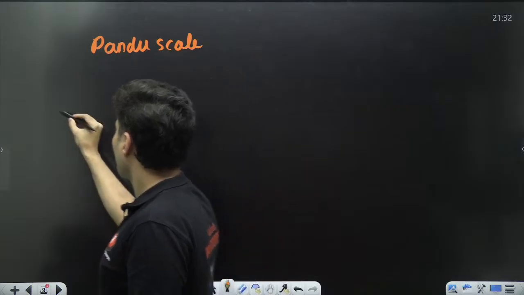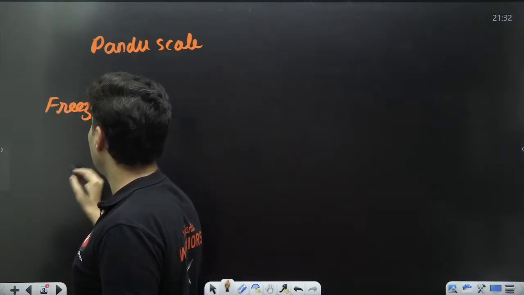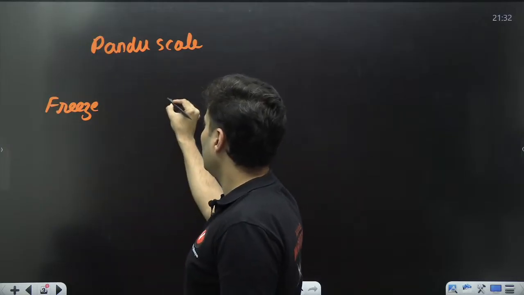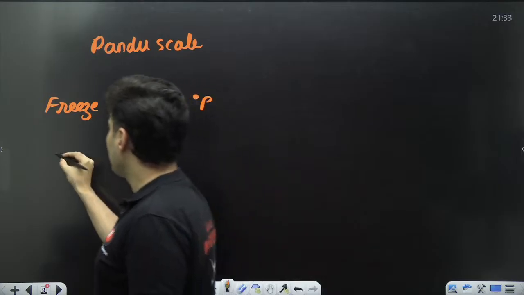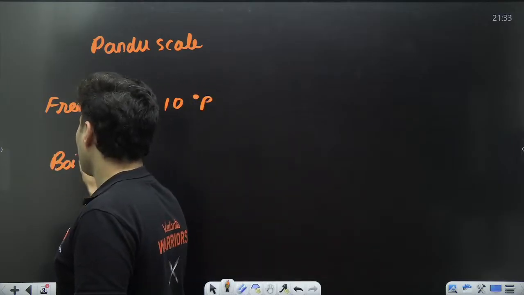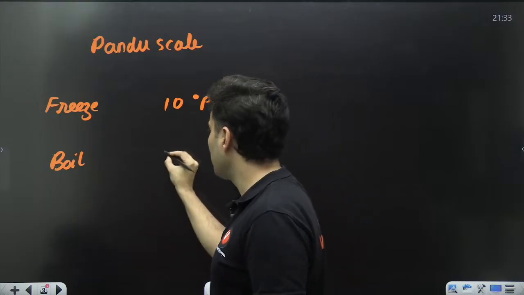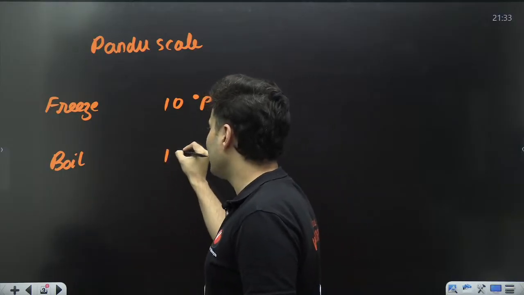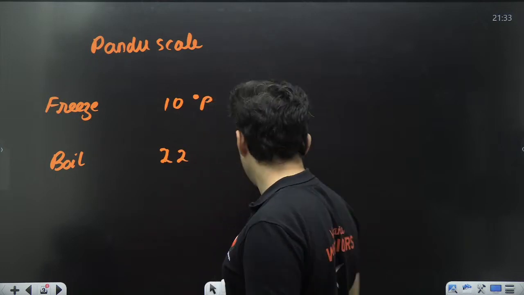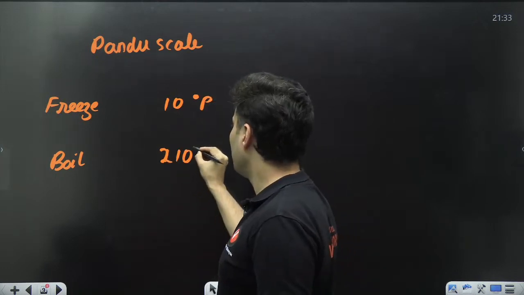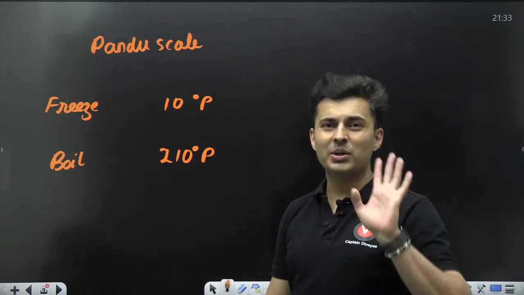Pandu says the water freezes at 10 degree Pandu. And he says the water boils, Pandu can say anything, right? Pandu says the water boils at 210 degree Pandus. That is what Pandu is saying.